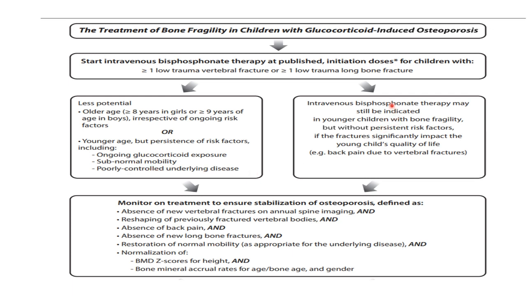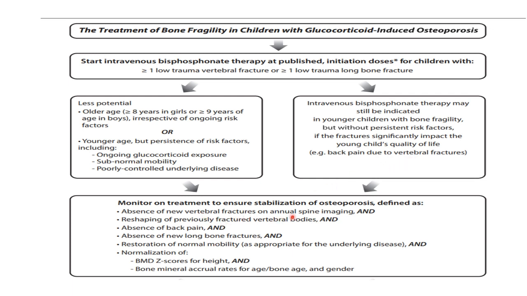But in some cases, like in children, intravenous bisphosphonate therapy may still be indicated in younger children with bone fragility but without persistent risk factors if the fractures significantly impact the young child's quality of life, that is back pain due to vertebral fractures.